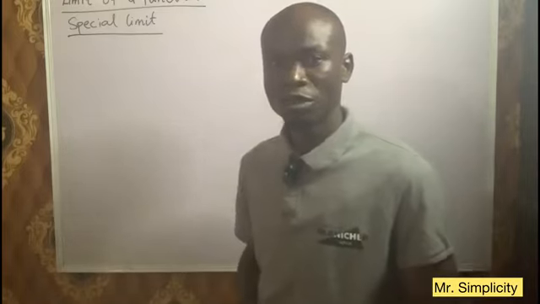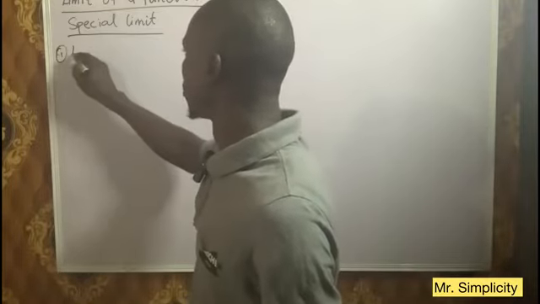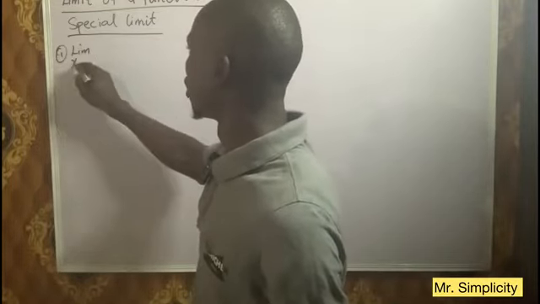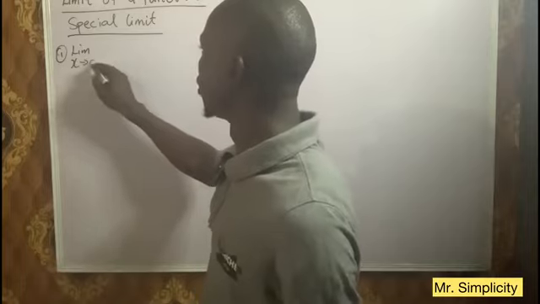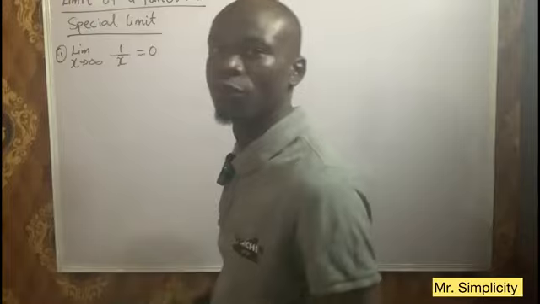So the first special limit we are going to be looking at is the limit as x tends to infinity of 1 over x, which is 0.